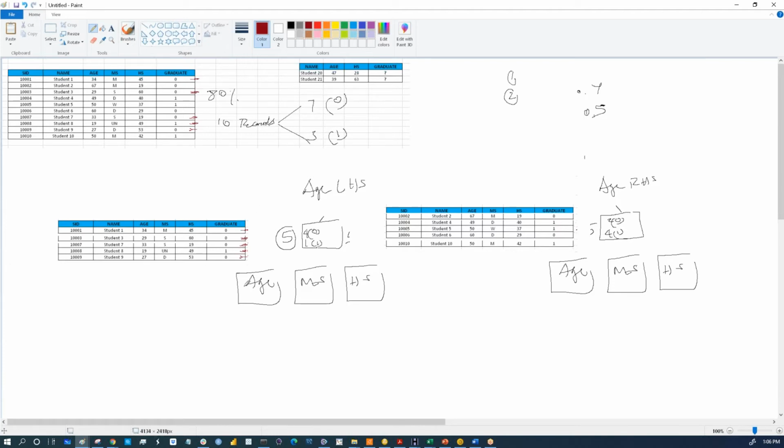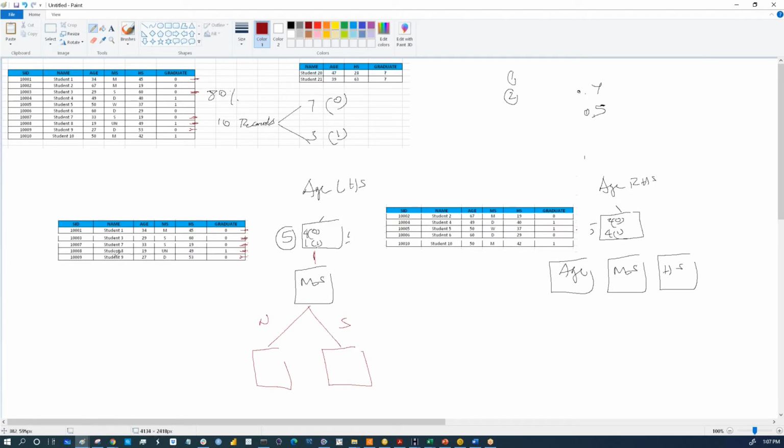So now, let's assume that the winner is MS. It's going to split on the MS, and of course we are going to have MS is single, because we have 2, and non-single.